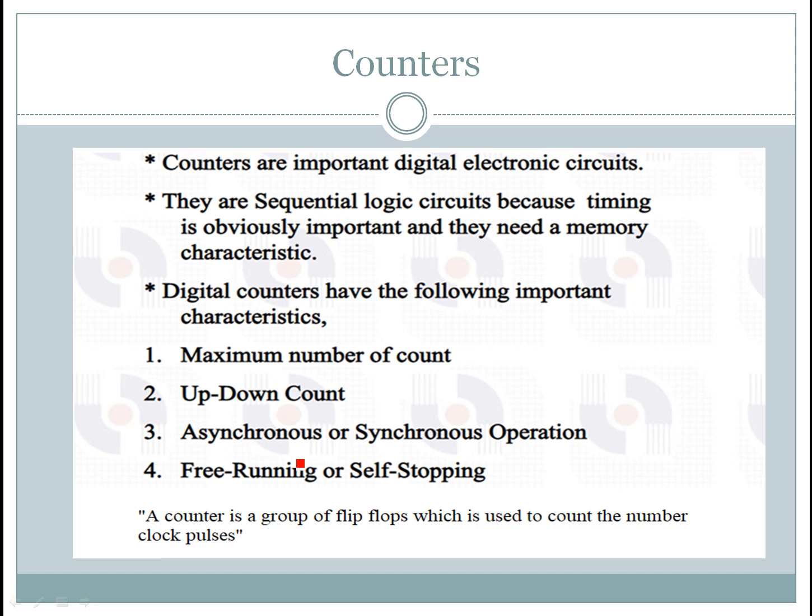But in case of asynchronous counter, different flip-flops are triggered with different clocks, but not simultaneously. That is the main difference between synchronous and asynchronous counters. And fourth one is free running or self-stopping. So these are the important characteristics of digital counters.